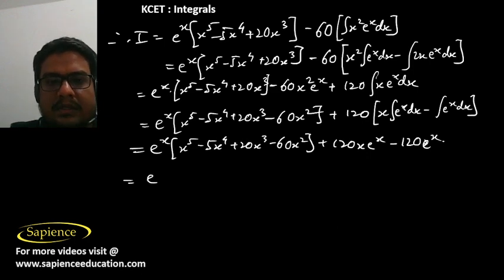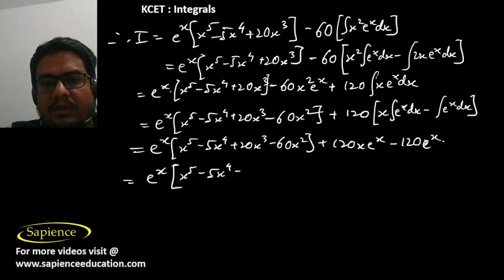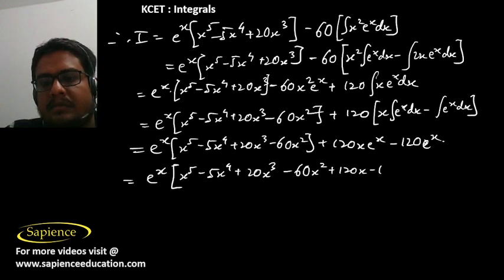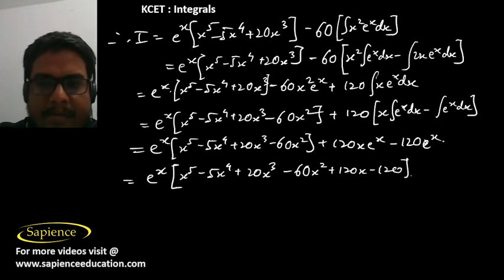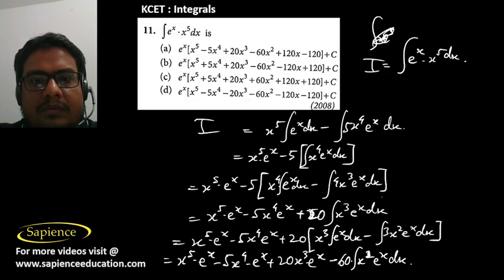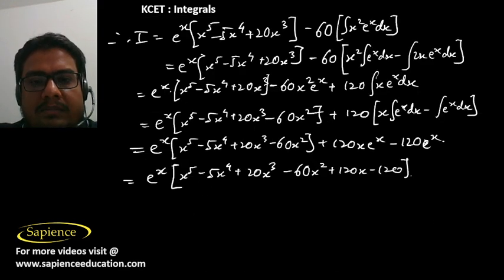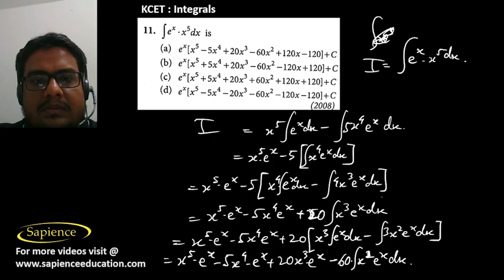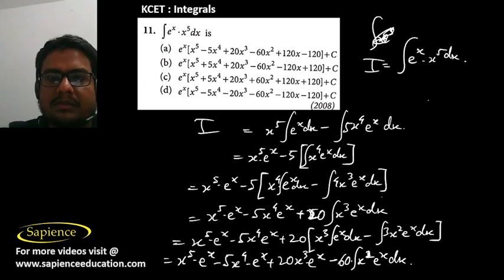So therefore the final answer is e power x into x power 5 minus 5x power 4 plus 20x cube minus 60x square plus 120x minus 120. Okay. X power 5. So this is minus plus minus plus minus, that is alternate. Minus plus minus plus minus. So option A is the correct answer.